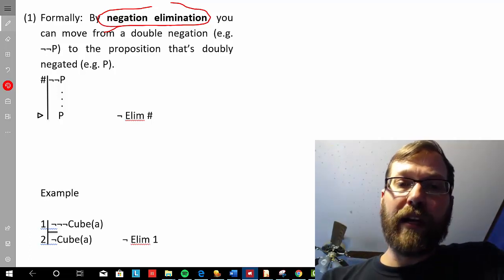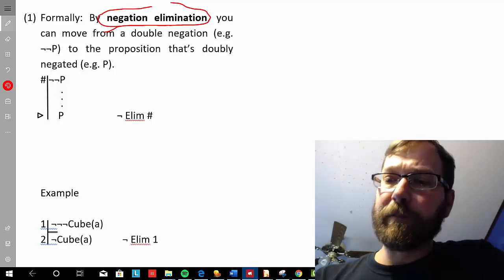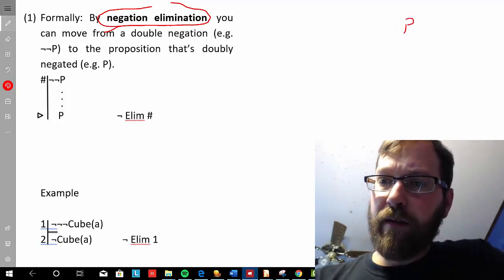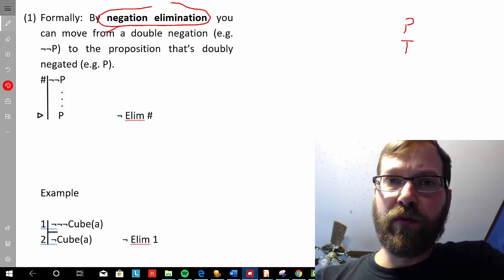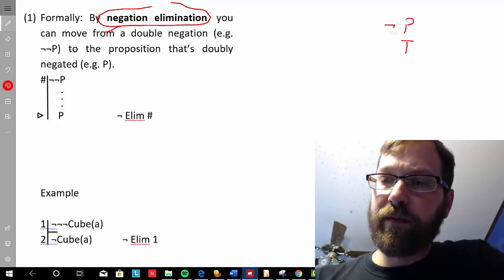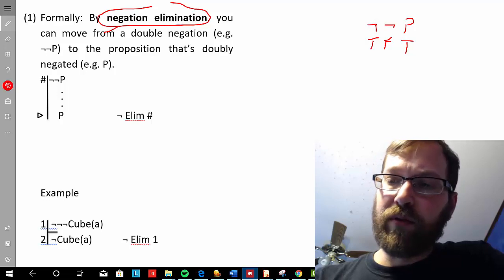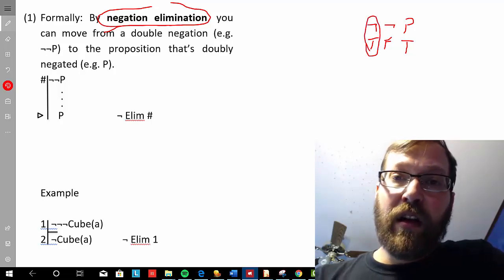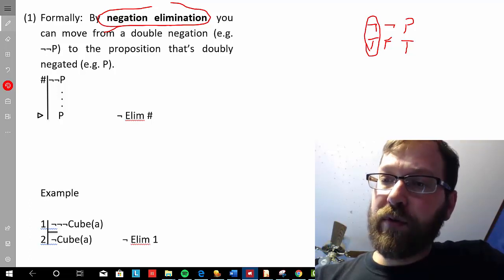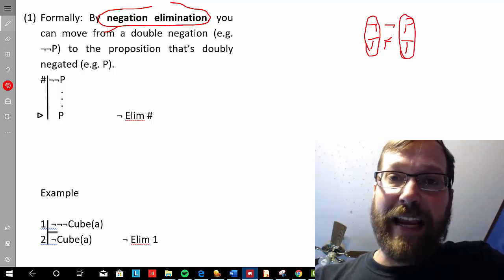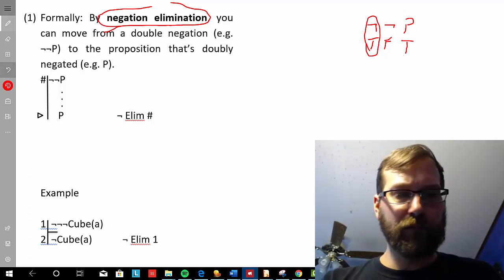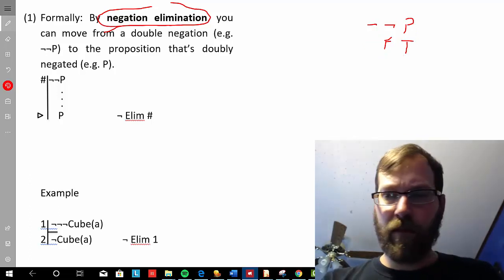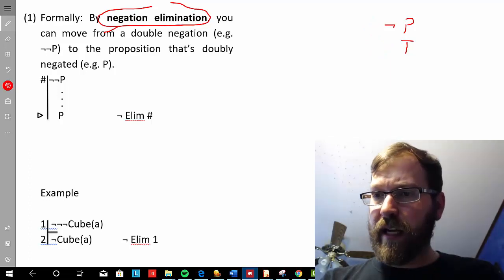And the reason why we get to do that, if you'll recall, is because if we have a proposition and it's true, and the negation tells us just to flip the truth value, then our double negation has and will always have the same truth value as the proposition that's doubly negated. All right, so that's why that is a good inference.